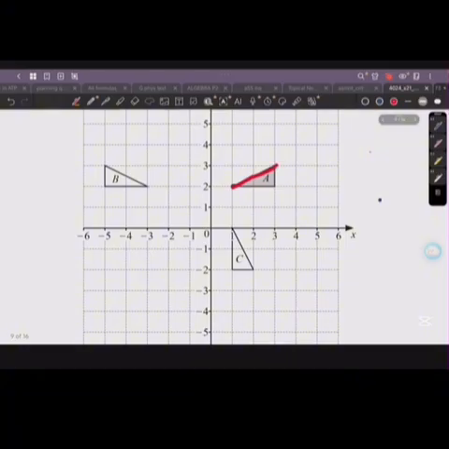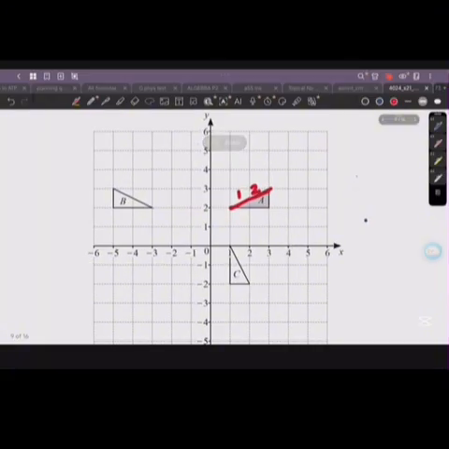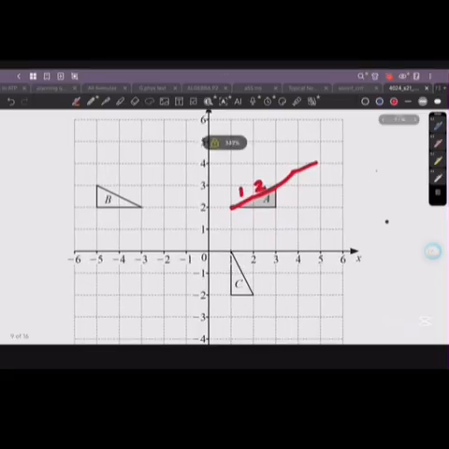So the scale factor is 2, which means we have to multiply this distance of 2 boxes by 2. So this will become 4. So which means we have to count 4 boxes now instead of 2. So it will be 1, 2, 3 and 4. So our point will be made over here.